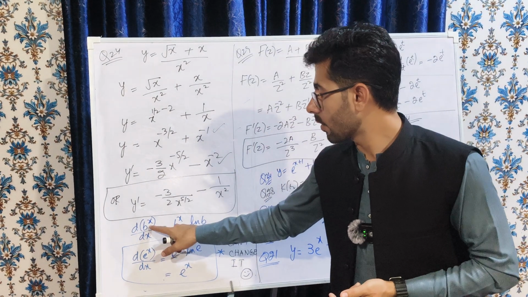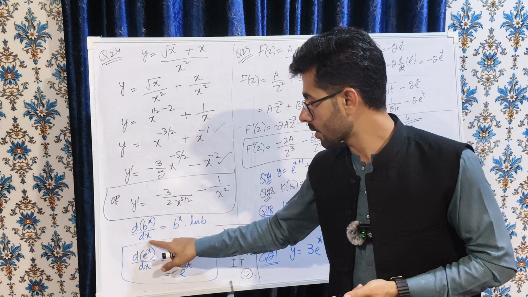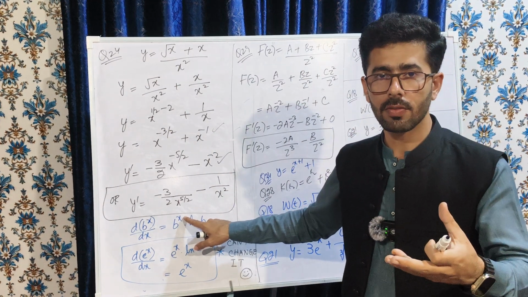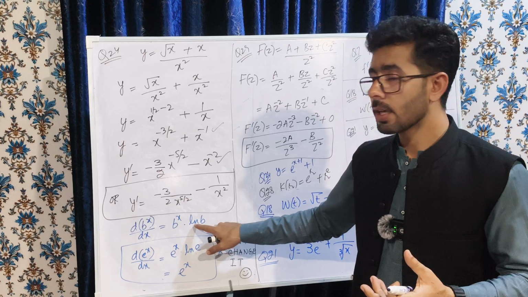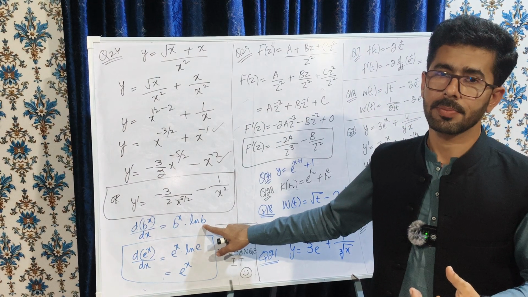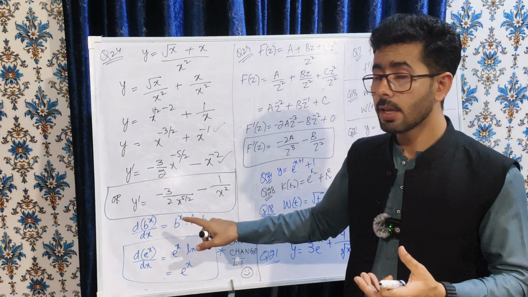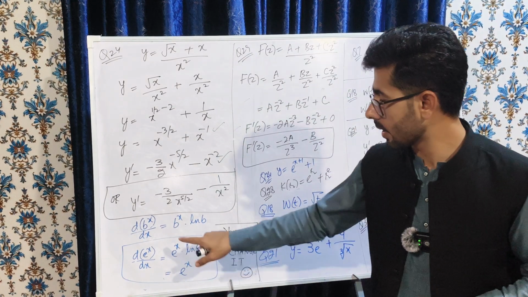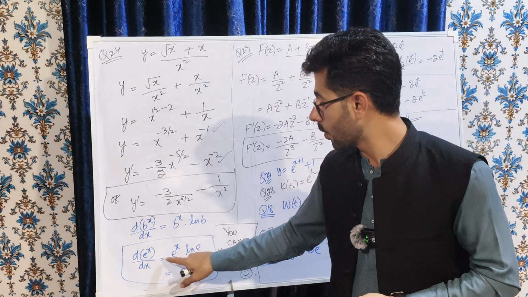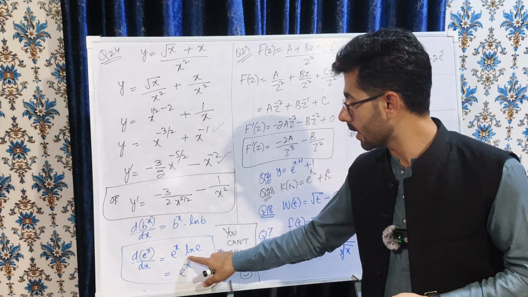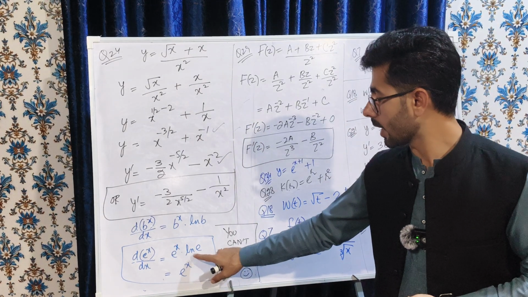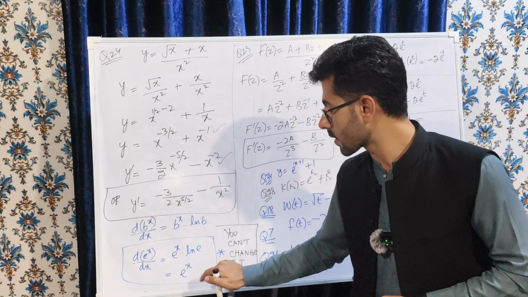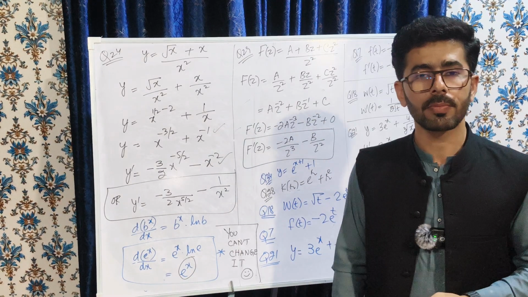So the derivative of an exponential function with respect to x will be b power x as it is, the original exponential function as it is, times the natural log of the base. You can verify this. Now if we put e power x there instead of b power x, we will have e power x the same and natural log of e. We know natural log of e equals 1. So the derivative of e power x will be e power x itself.